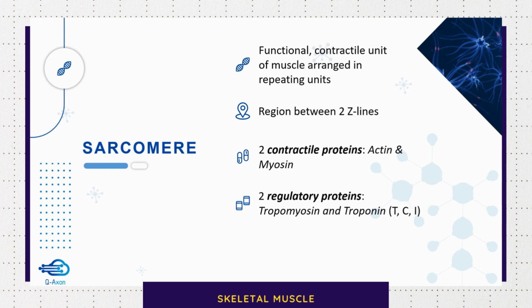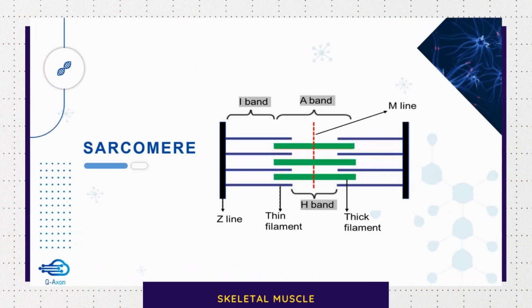These include tropomyosin and troponin, which has three subunits, that is T, C and I. In addition, in order to provide structural stability to the muscle, there are anchoring proteins. Some examples are titin, desmin, dystrophin and actinin. Let us now study the different components of the sarcomere.